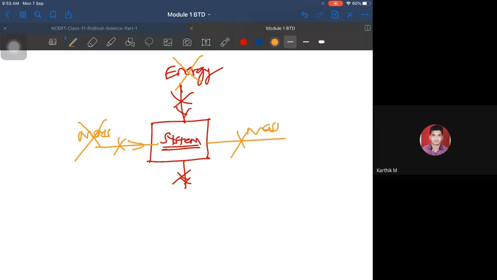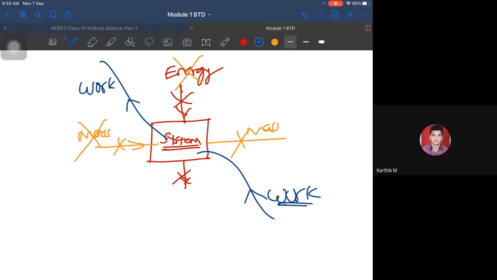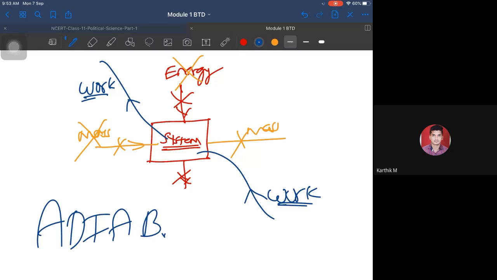Now, if this particular system, which is isolated in nature, exchanges work with the surroundings, there is a new concept of work here. If this isolated system exchanges work with the surroundings, then it is termed an adiabatic system.